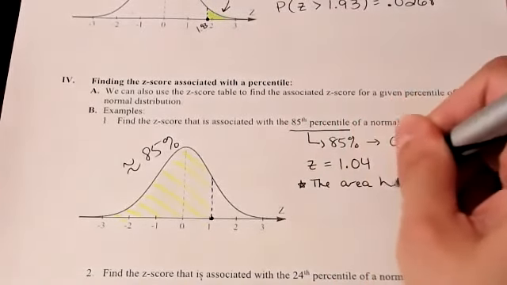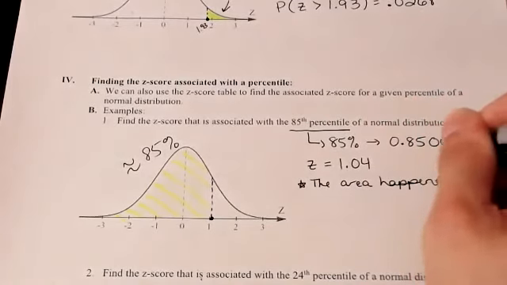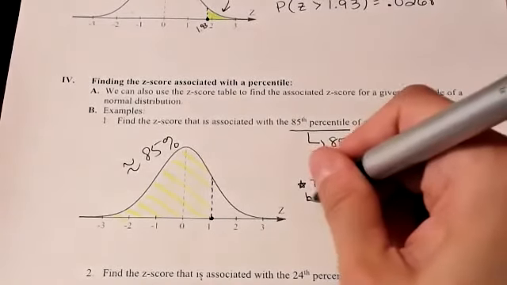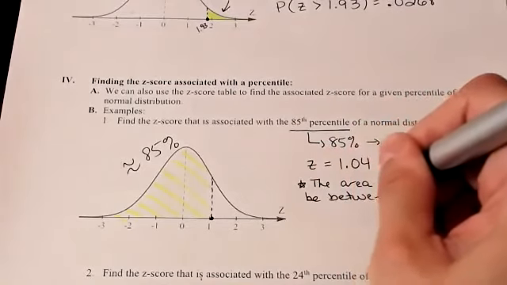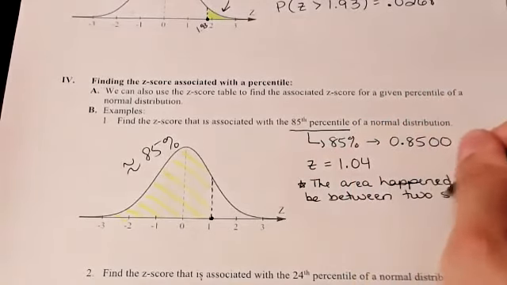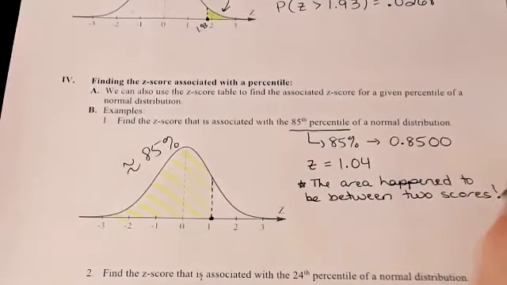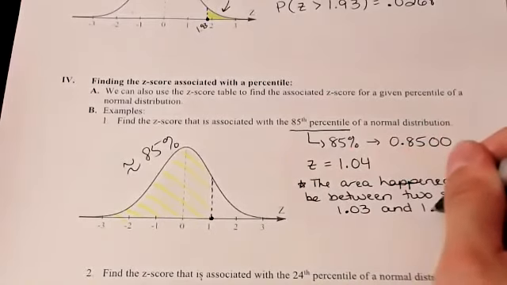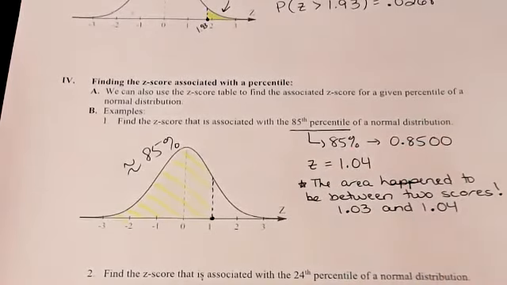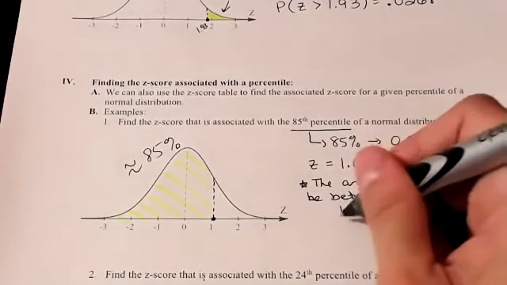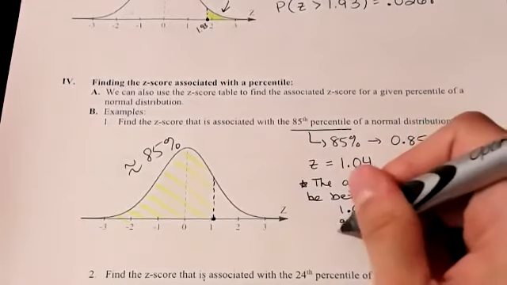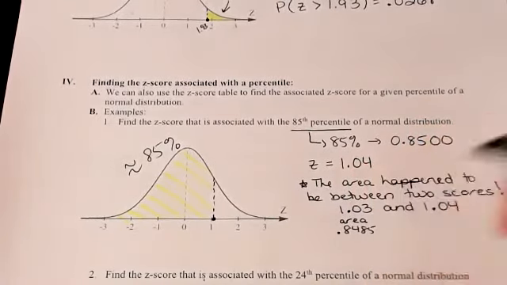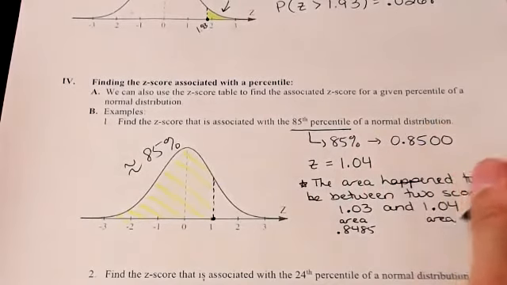The area happened to be between two scores, 1.03 and 1.04. When we looked at that table, 1.03 had an area of 0.8485. 1.04 had an area of 0.8508.